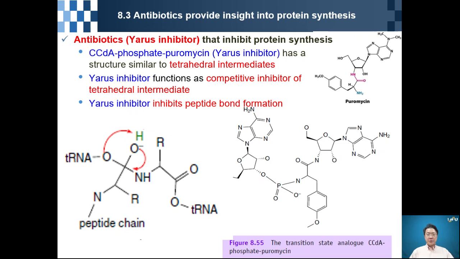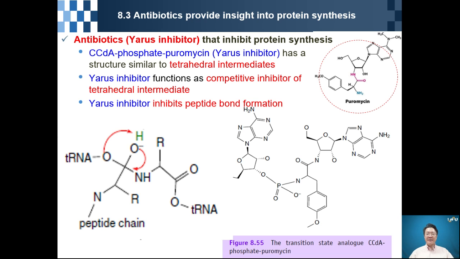Okay. So in this slide, I will explain another antibiotic. We call it the Yarus inhibitor, which inhibits protein synthesis. The full name of the Yarus inhibitor is CCdA-phosphate-puromycin. So this is the puromycin structure, like this.